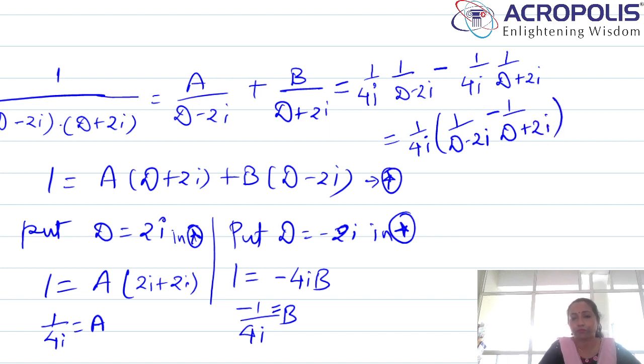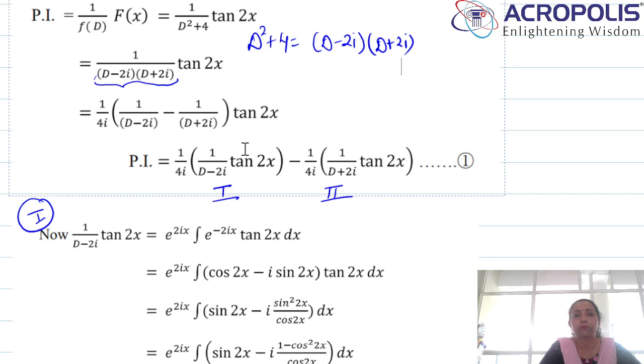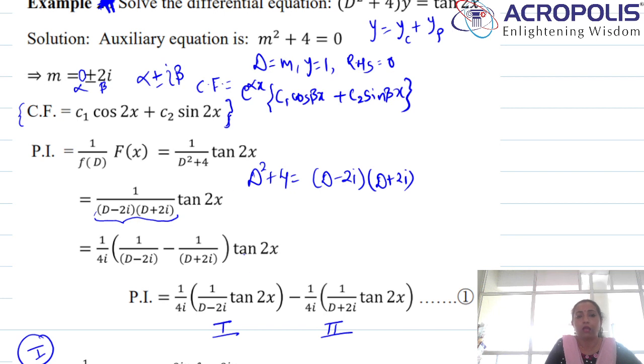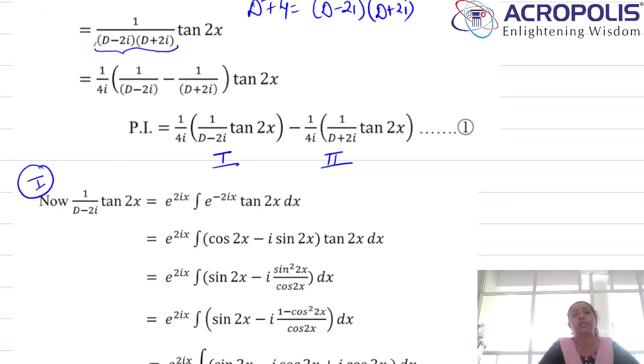So we will write the equation as 1 by 4i dot 1 upon D minus 2i minus 1 upon D plus 2i dot tan 2x. Now in my particular integral, there are two parts in this equation. The first one is represented as 1 by D minus 2i tan 2x, and the other one is represented as 1 by D plus 2i tan 2x. We will mention this as equation number 1.